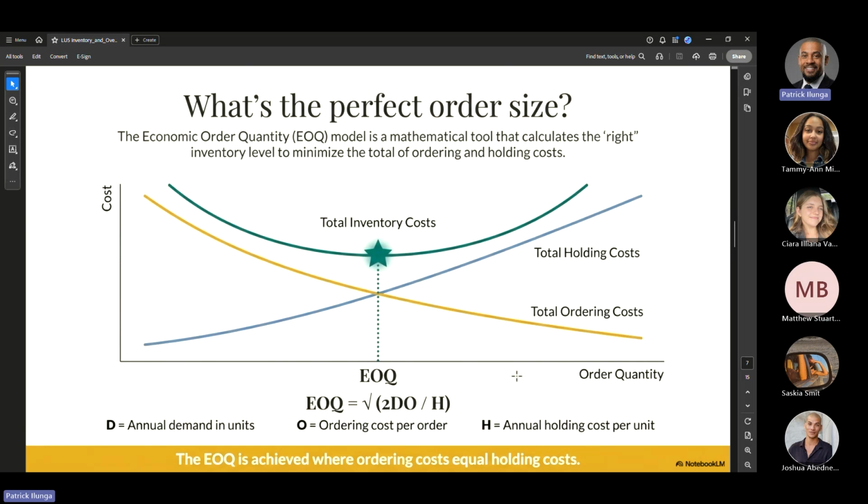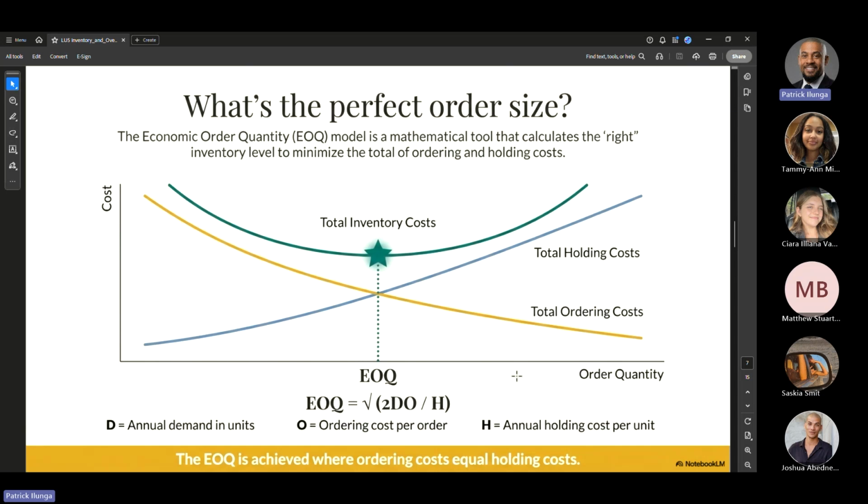So what we're saying when we talk about the economic order quantity is just a mathematical way, just a tool, to help us calculate the right inventory level that minimizes, at the same time, these costs, ordering and holding costs.